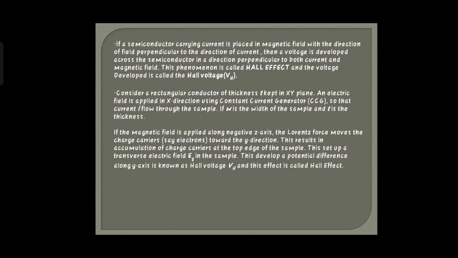This results in accumulation of charge carriers at the top edge of the sample. This sets up a transverse electric field Ey in the sample. The potential difference developed along the y-axis is known as the Hall voltage Vh, and this effect is known as the Hall effect.